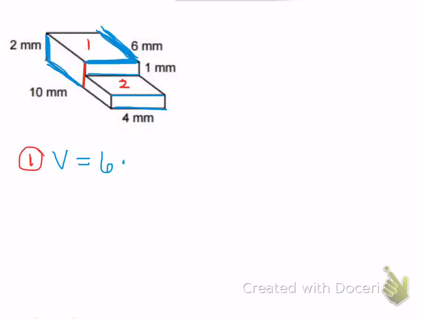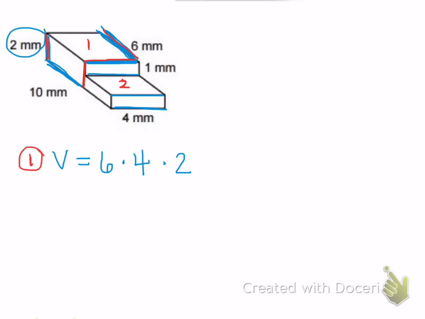So that's 4 millimeters times the height, which is the piece up on the top, the 2 millimeters. So again, I have length is 6, width is 4, and height is 2.